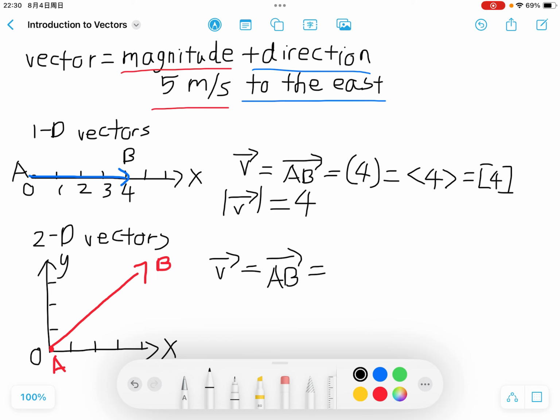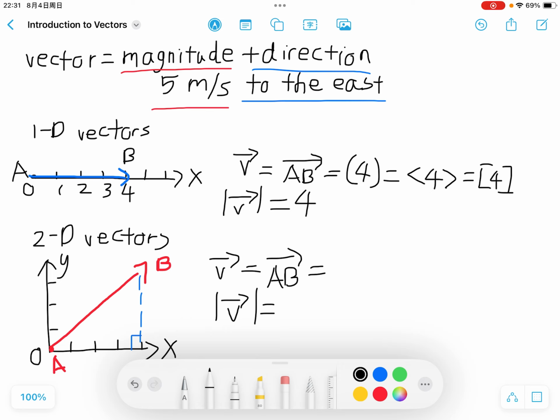So we want to work out the magnitude, because as you can see here, we used magnitude to represent part of our vector. The magnitude can still be written as the absolute value of vector V, or also the absolute value of vector AB. In this case, we can use the Pythagorean theorem. If I draw this line here and I have a right angle triangle, I can use the Pythagorean theorem to figure out the length of AB.